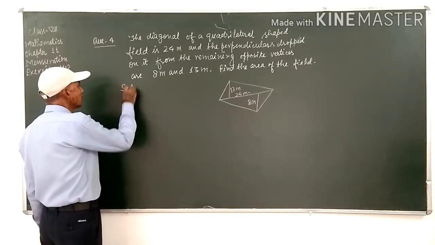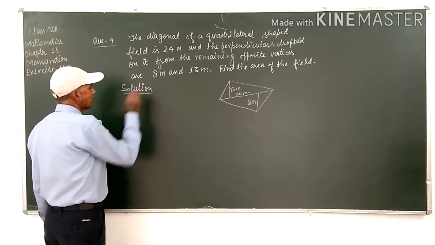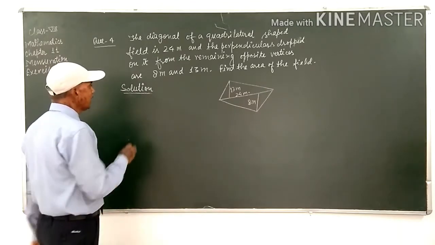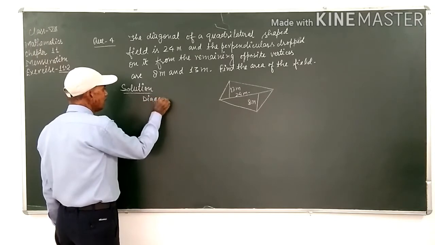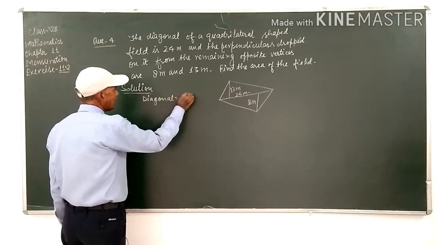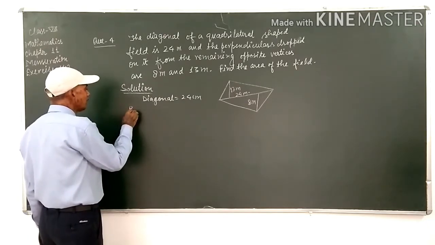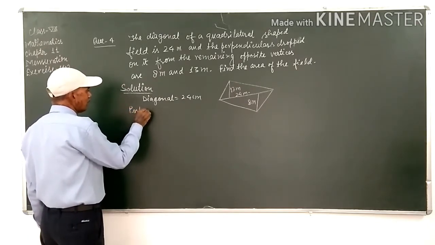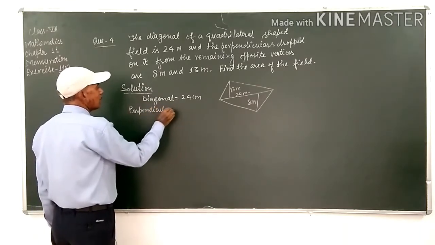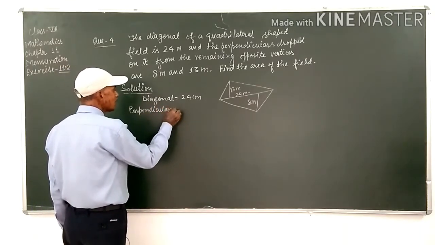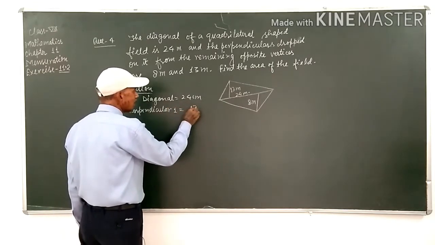Solution. The diagonal is given here: diagonal 24 meter.